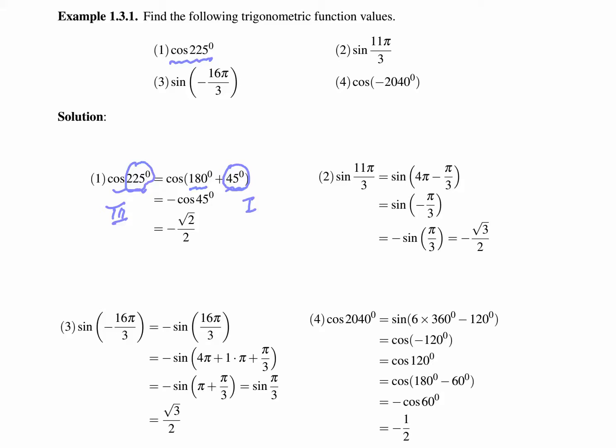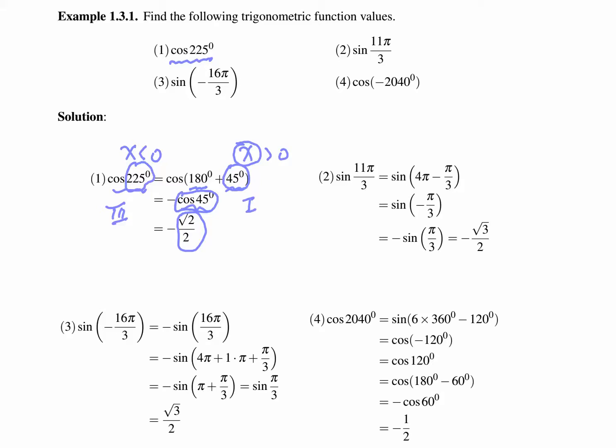And then we know in quadrant 1, for cosine 45, the x coordinate is positive, but for cosine 225, the x coordinate is negative. We know cosine 45 degrees is radical 2 over 2.